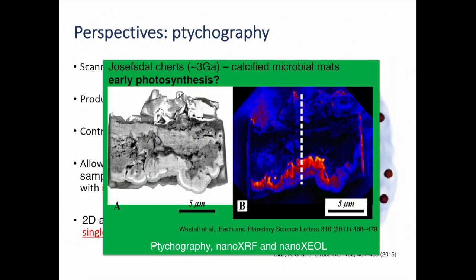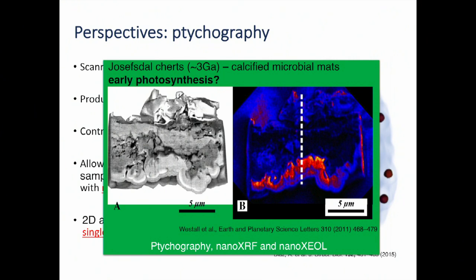We are studying these Josephsdal cherts, which are about 3 gigayears old. They are calcified microbial mats, and Westall is proposing that these are signs of early photosynthesis. This is an example of the microbial mat and some maps that she has done, and now we are studying in more detail, with this nanometric resolution, whether you can really tell apart the structures that are inside there.